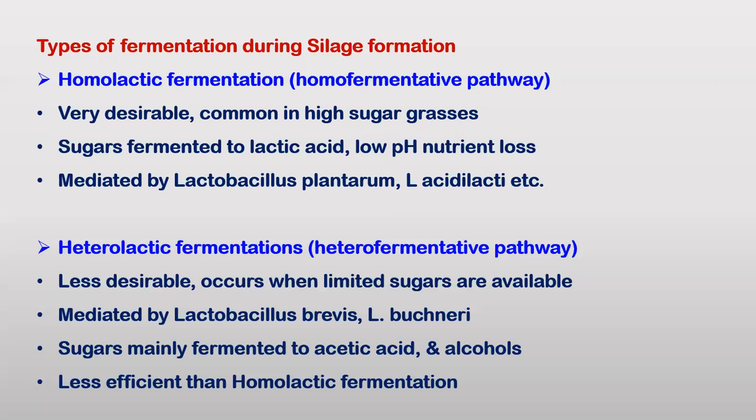So these three or four types of bacteria perform the homofermentative pathway, and that pathway is very much desirable for the formation of the silage.